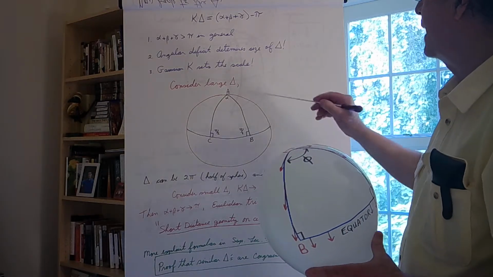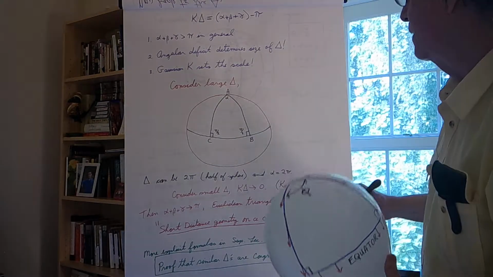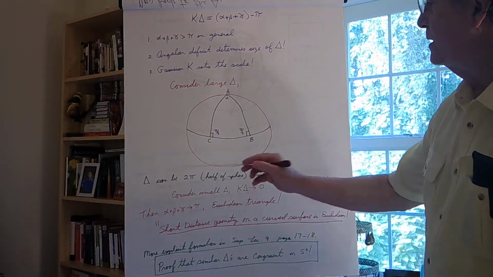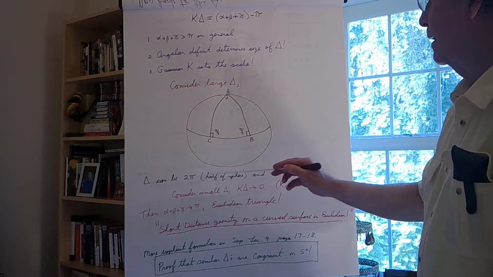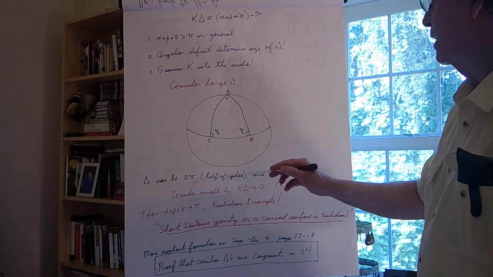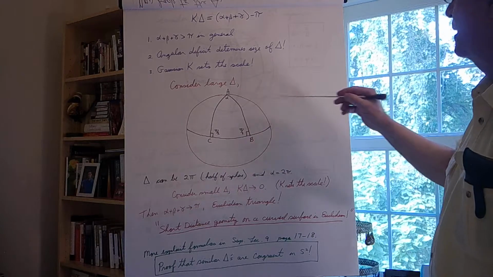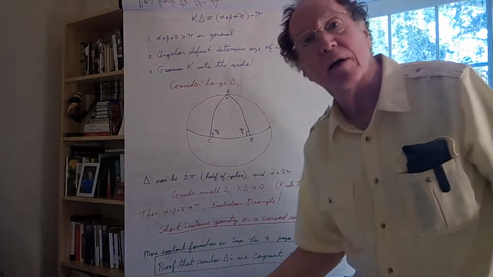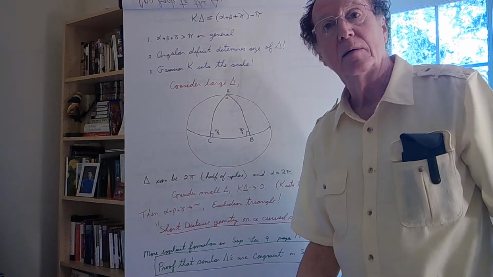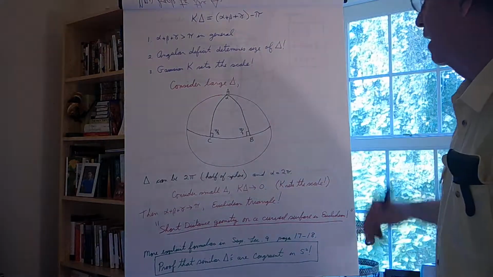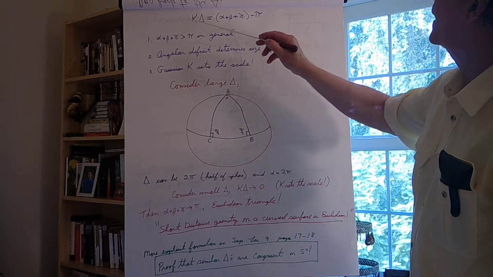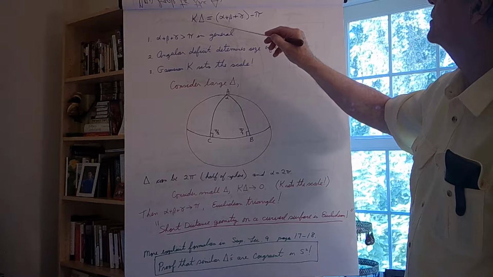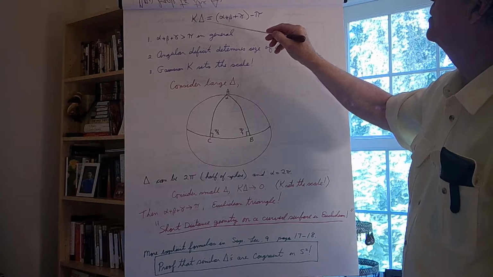Okay, and then I have alpha, and alpha can range all the way up to 2 pi. So I see the delta can be as large as 2 pi in the case where I take alpha to be 2 pi. Well, that's just the area of the hemisphere, just the top half of the sphere, and I get that going over here, setting k equal to 1 for a unit sphere.